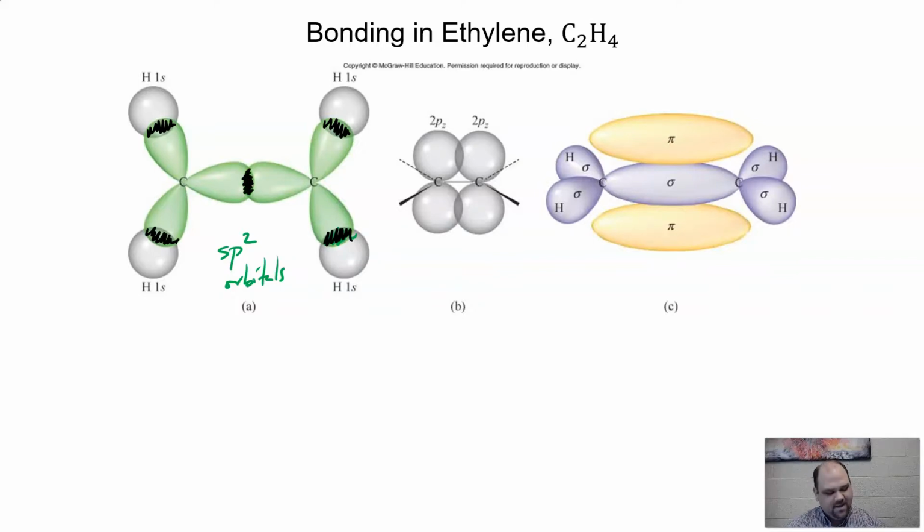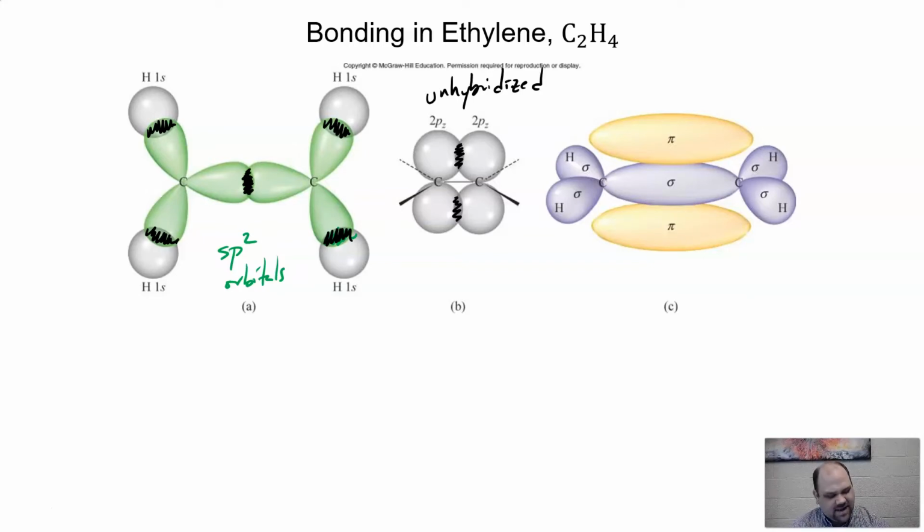Okay. Now, what we can't see on this image, but we can see in the middle image, is that each of those carbons has an unhybridized 2p orbital. Right? Those 2p orbitals overlap to form another bond. Now, I need to be a little clear here.